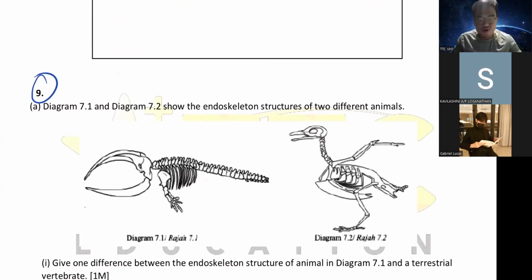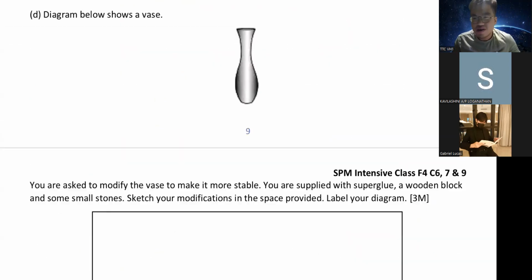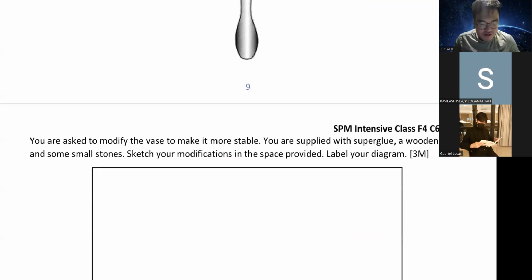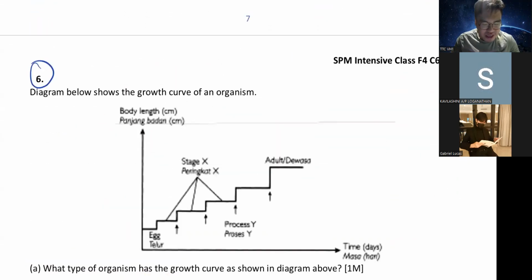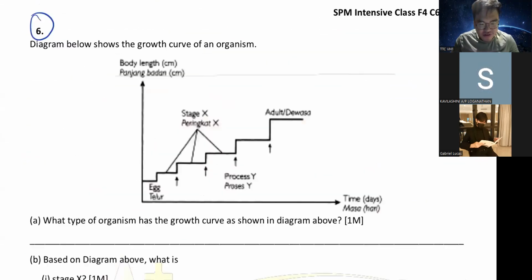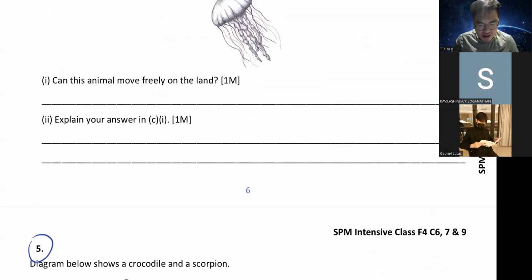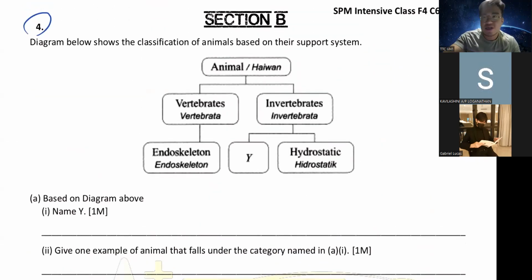You know what? We do 4, 5, 6, 7 first. Oh wait, sorry, 4, 5, 6, and 8. Okay, 4, 5, 6, and 8. Because we have 2 weeks for this chapter, so we don't need to do all today. We leave some for next week.